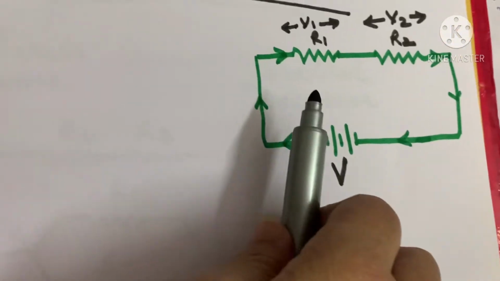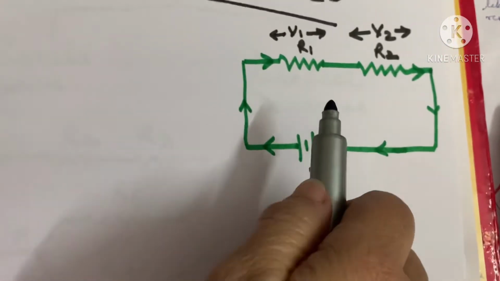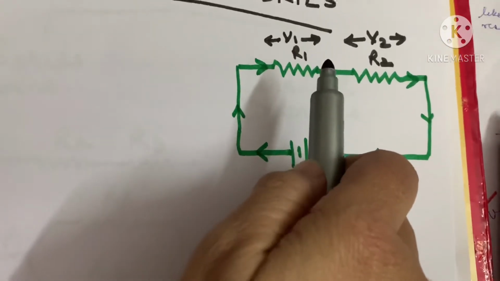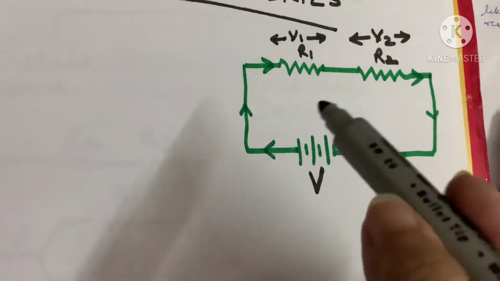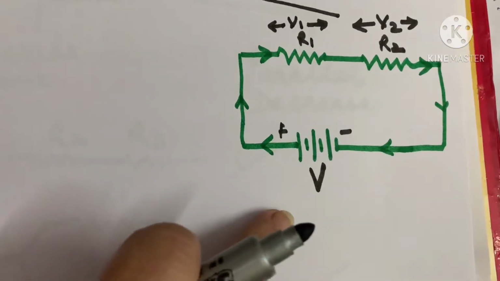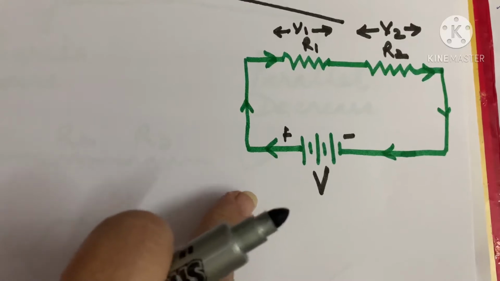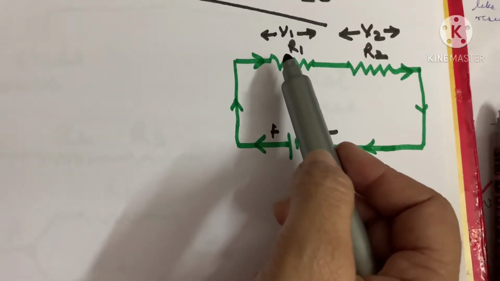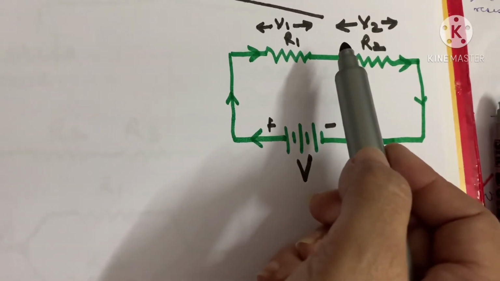Now, remember that when a number of resistances connected in series are joined to the terminals of the battery, then each resistance has a different potential difference across its ends.